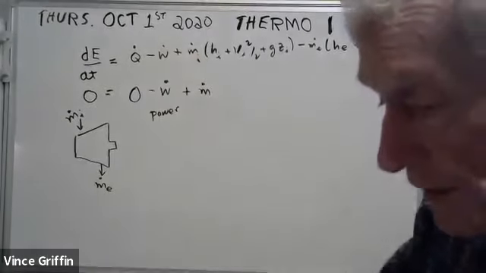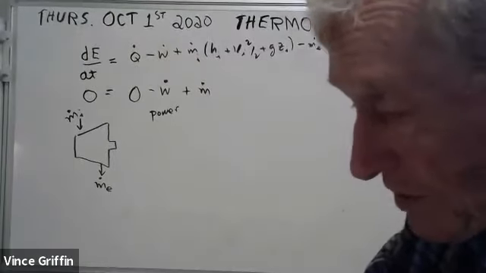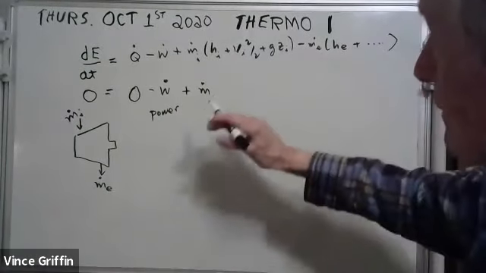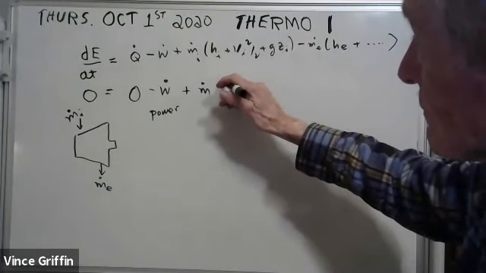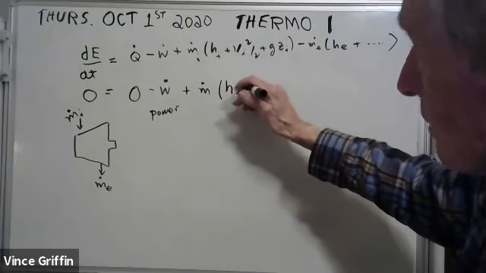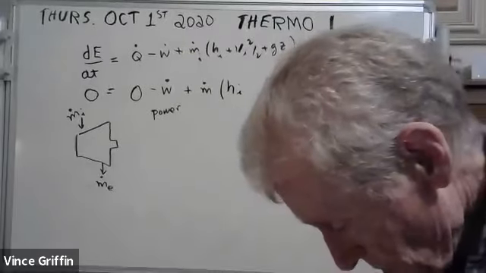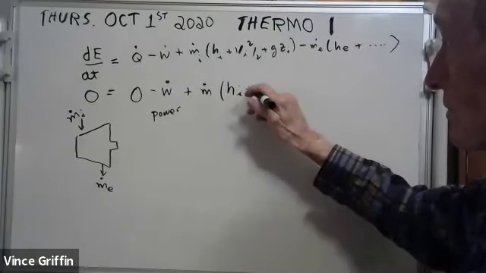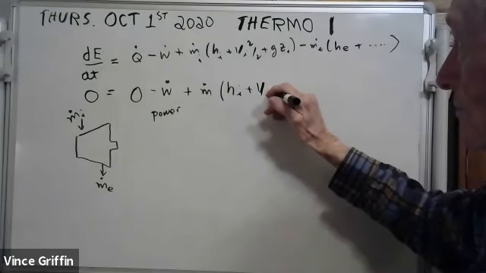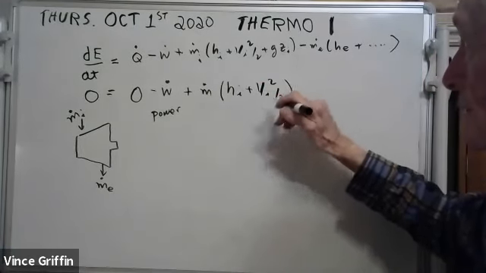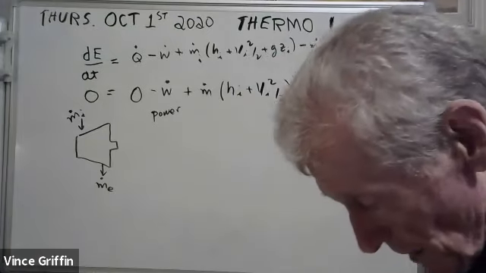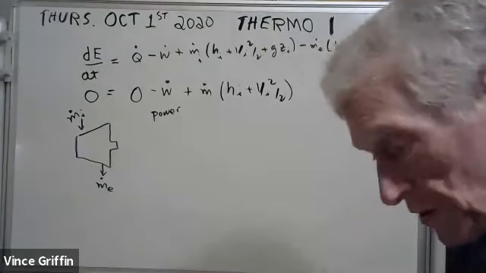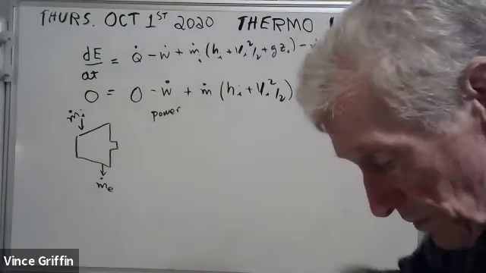We're just going to have 1 input, 1 exit, mass flow rate be the same. Now, on the problem I was going to do with you, they include the velocity term, but they didn't have any specific gravitational potential energy term because it didn't go up or down.